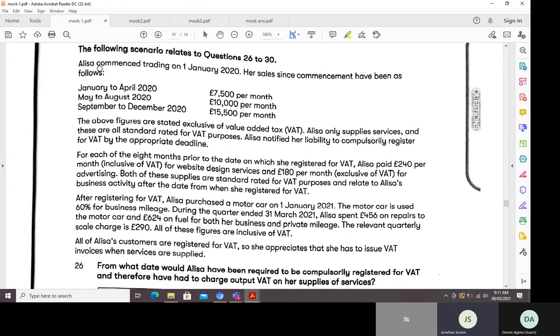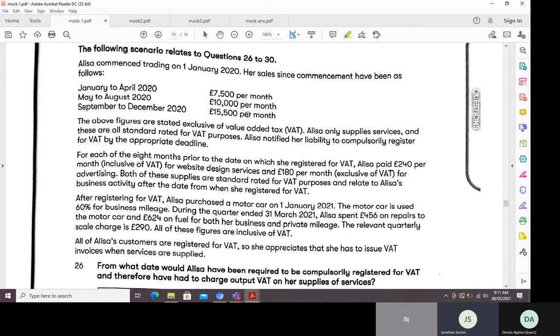But let's go through the content and see what we do here. So A commenced trading on 1st January 2020. Her sales since commencement have been as follows. So these are the sales since it commenced trading. January to April, per month we are getting so much. May to August we are getting so much.